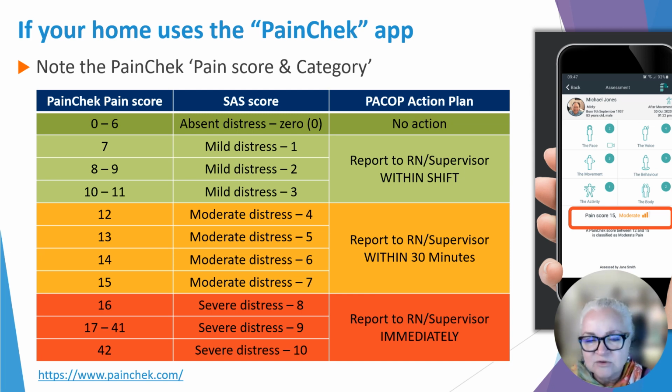The instructions there are to report to the RN or supervisor within half an hour. The Pain Check score of, say, 7 lines up with mild distress score of 1 in the symptom assessment scale, and the instructions there are to report to the RN or supervisor within the shift.